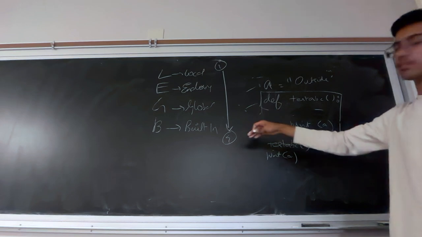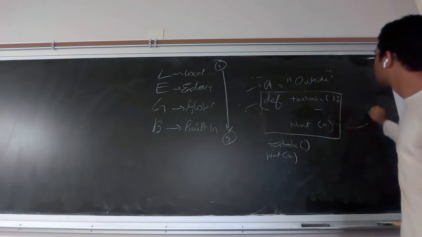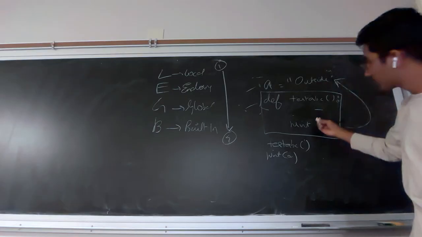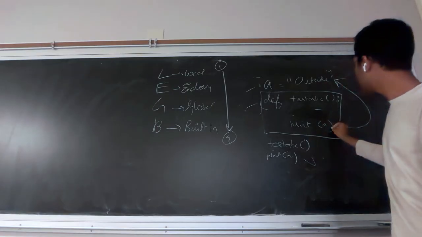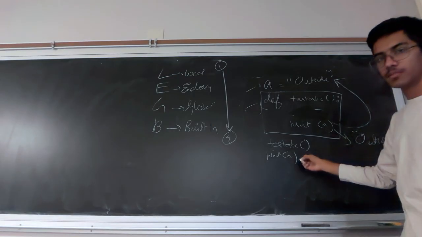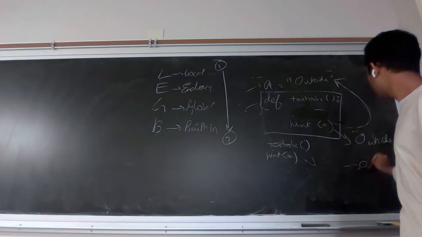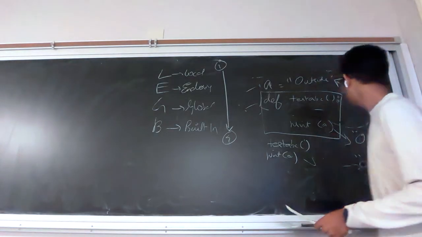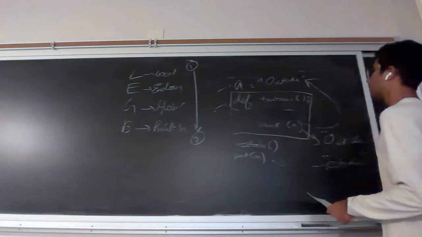So Python goes to the global environment and it finds A. So in this case, when I say print A, this A will print outside, and when we leave the function, this A will also print outside. So that's how the evaluating of these functions works.